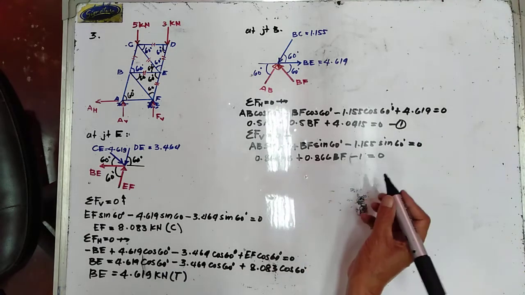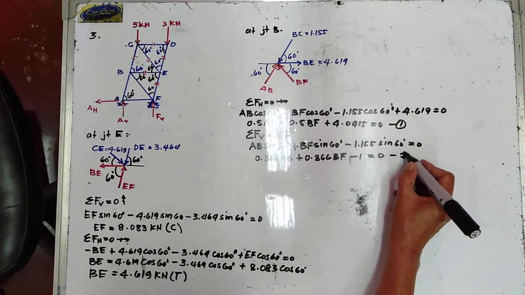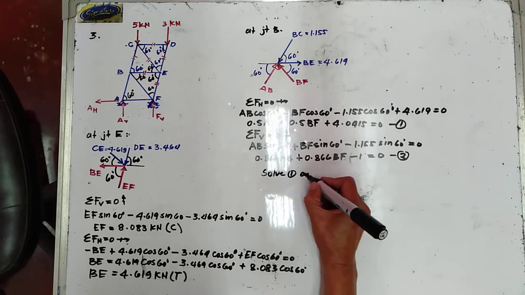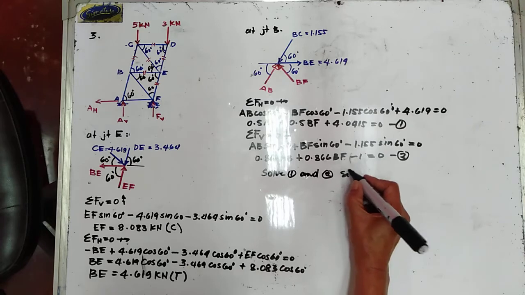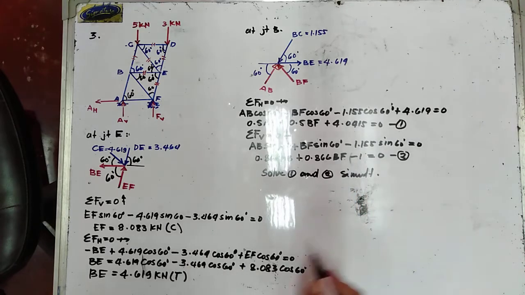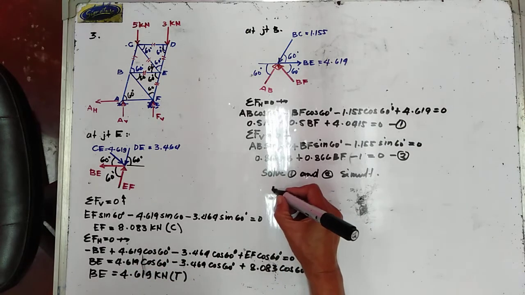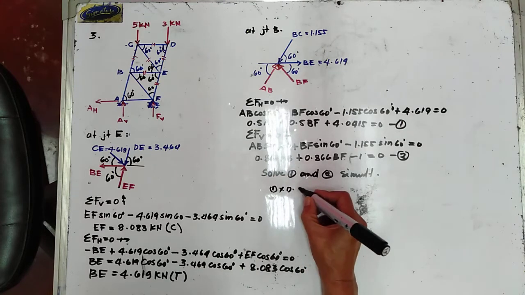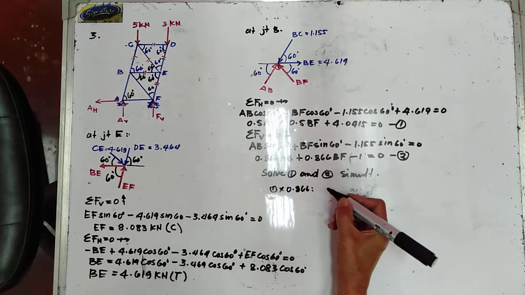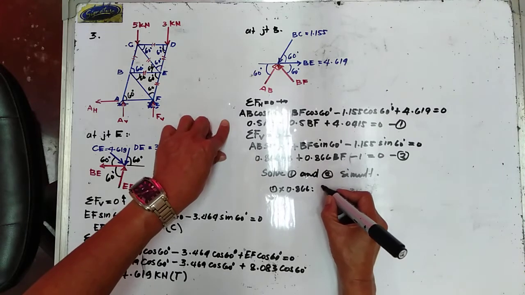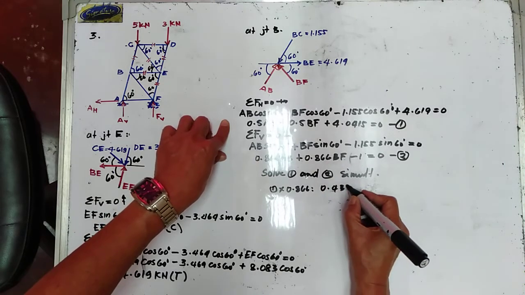So let us try to solve equation 1 and equation 2 simultaneously. Let's multiply equation 1 by 0.866. So 0.5 times 0.866 is 0.433.